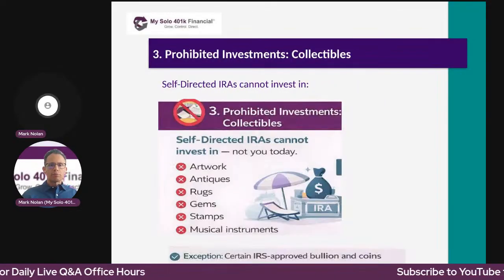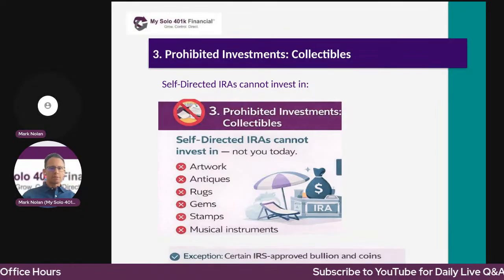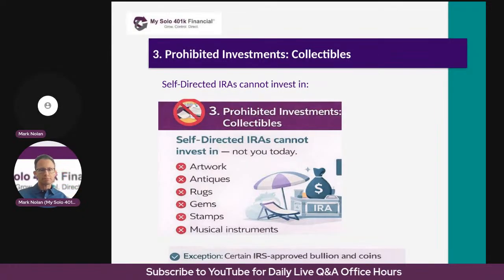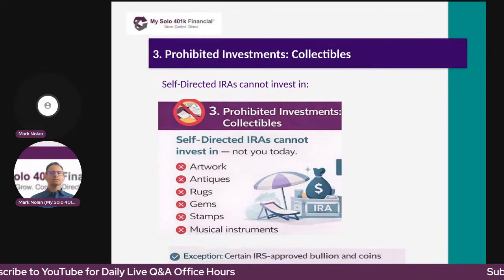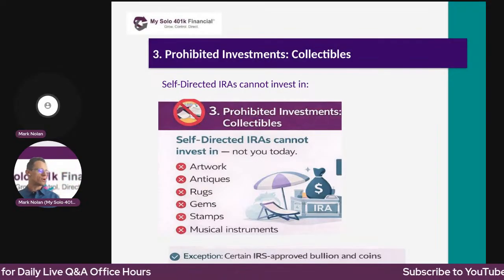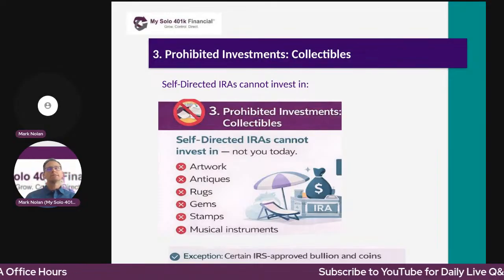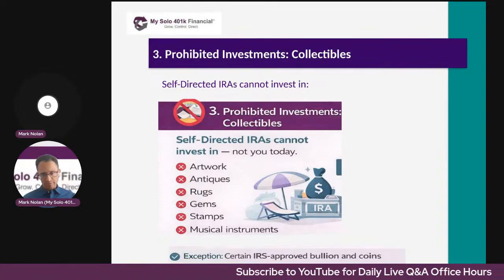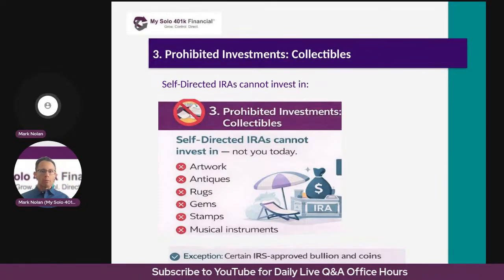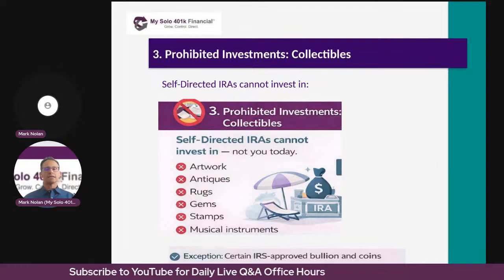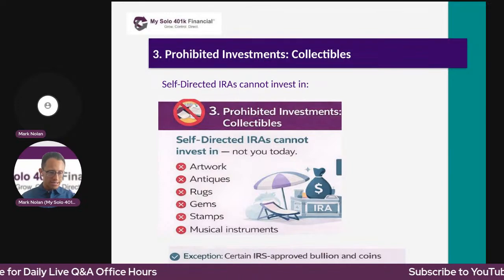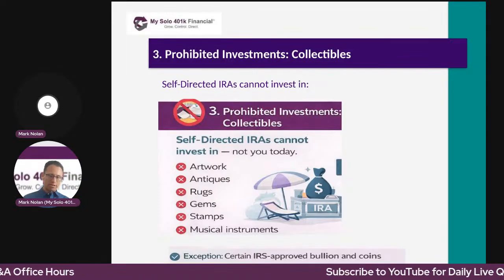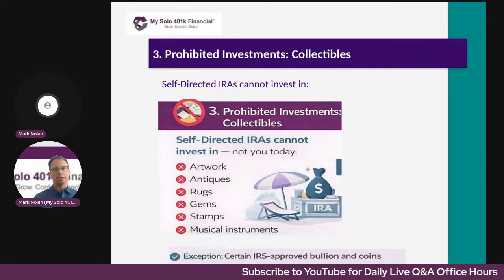Now let's talk about prohibited investments inside a self-directed IRA. So while self-directed IRAs allow many alternative assets, such as we've been talking about here, rental properties, vacant land, promissory notes, whether secure or unsecured, tax liens, private equity, the list goes on and on.